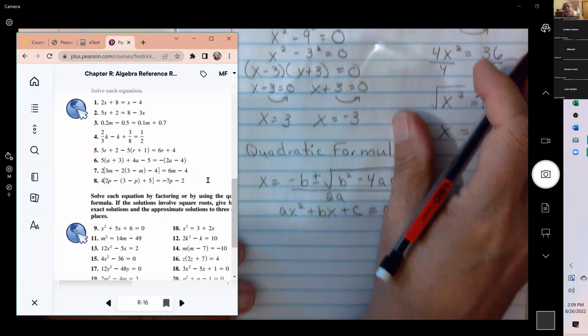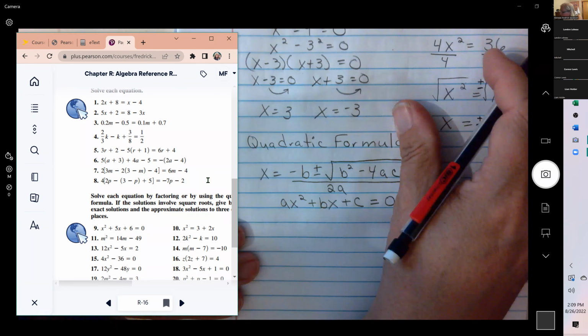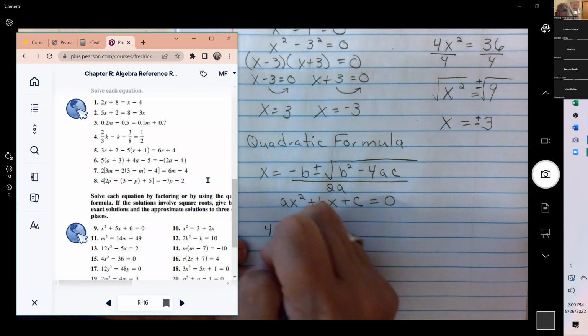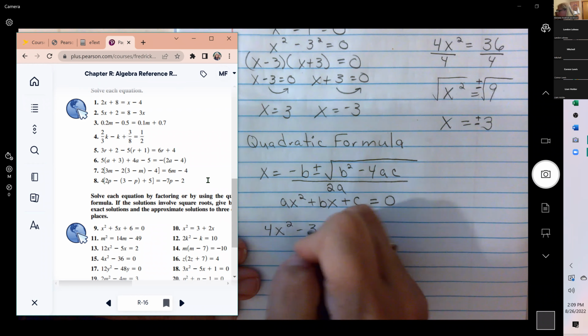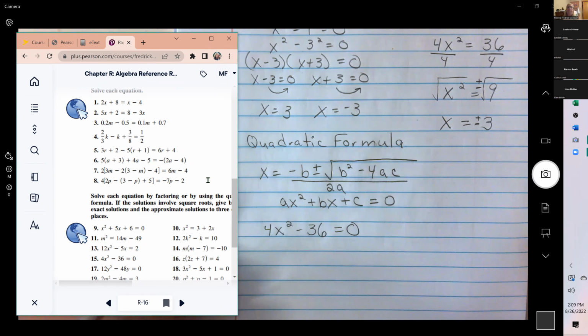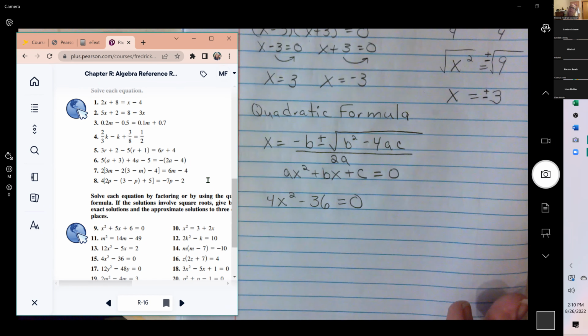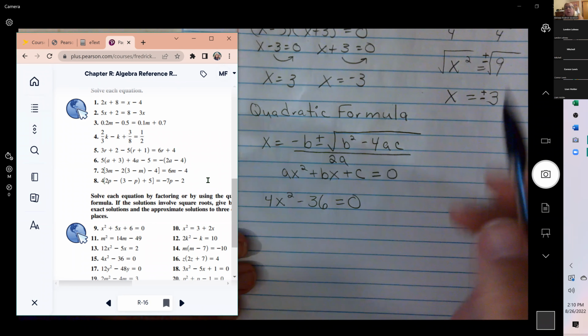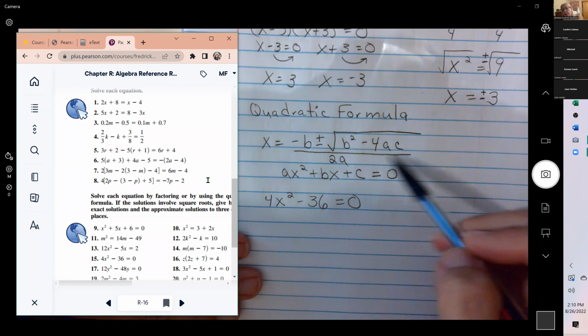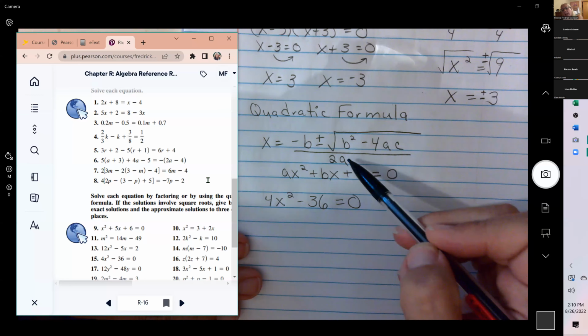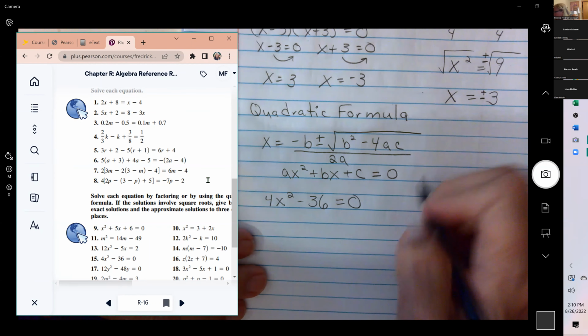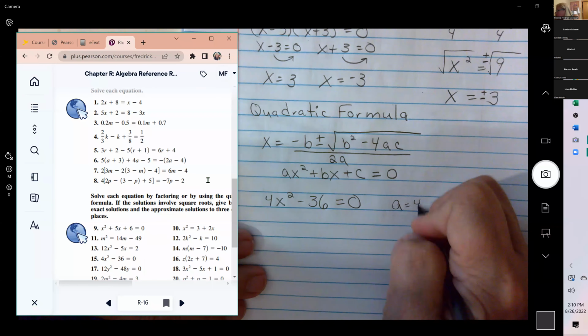So we had 4x squared minus 36 equals 0. And we're going to plug it into this equation. A is in front of our squared term, so a is 4.